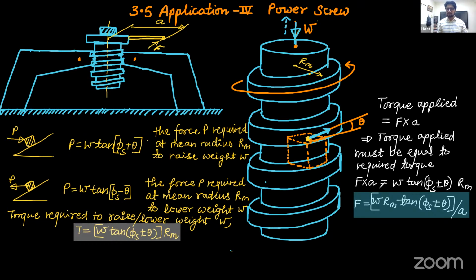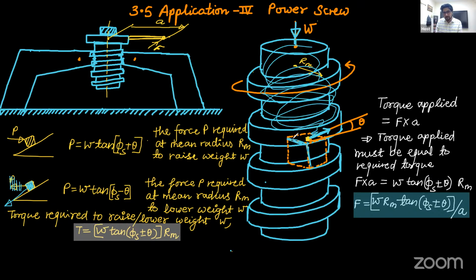So let's save this. There are just one or two more things that we need to understand about power screw. And one such thing is that just like the weight on an inclined plane can automatically slip down, similarly, this is also a weight on an inclined plane, so it can also automatically come down.